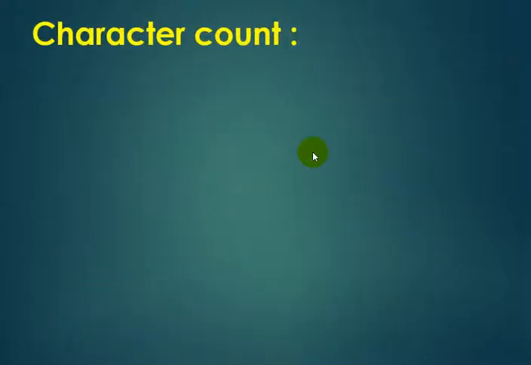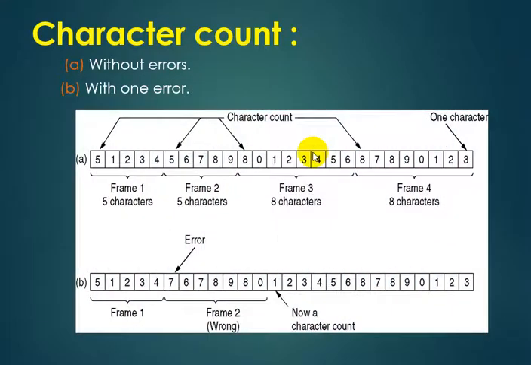What type of message are we including at the start of each frame? These character counts can be done without errors or with one error. Let me first explain without error, how the frame will look by stuffing the characters. Let us take a frame.